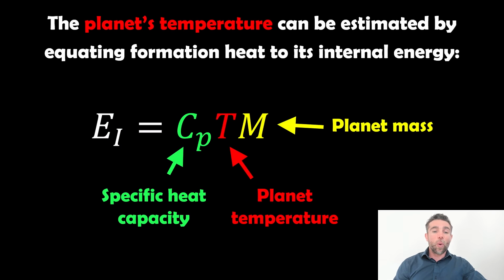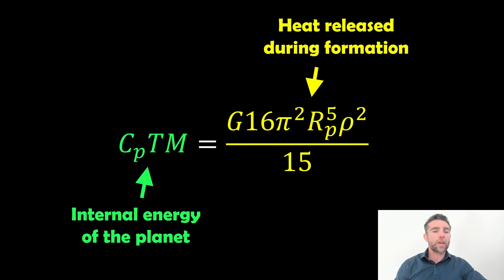So what we're now going to do is assume that the internal energy of the planet, which is given here, which is the specific heat times the planet temperature times its mass, is going to be equal to essentially the energy released during the formation process. So we're going to balance those two out, and then we can rearrange for the temperature.